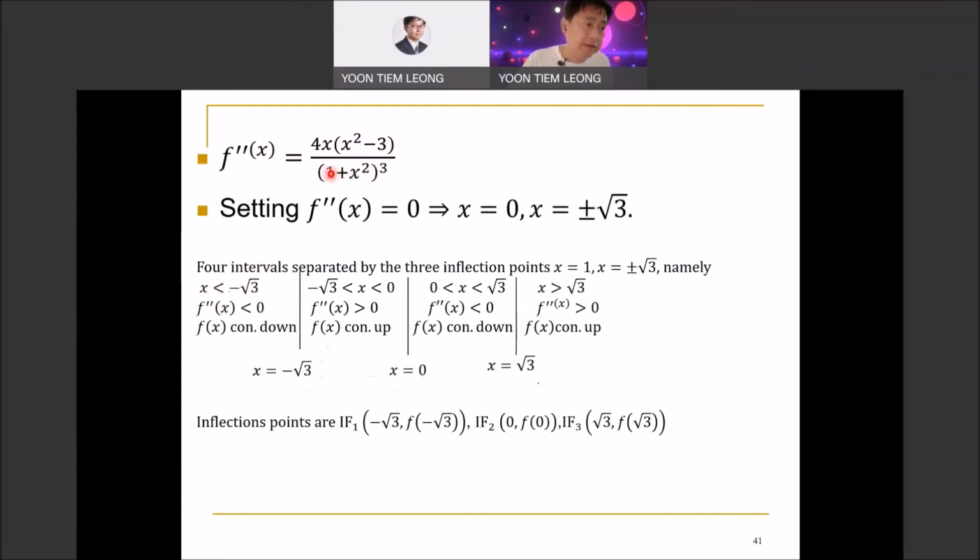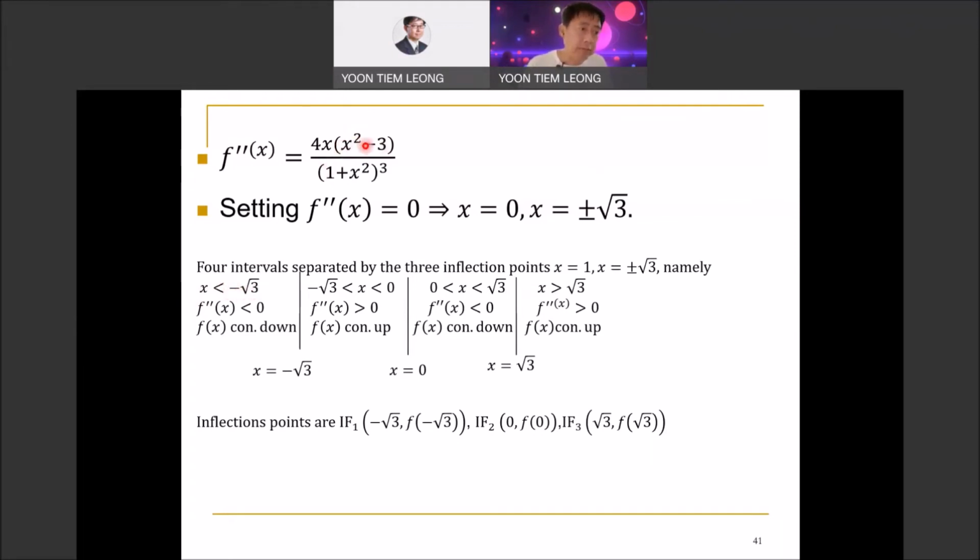So the factors that affect the sign of f double prime are only 4x and x squared minus 3. For x less than negative square root of 3, x squared would be larger than 3.